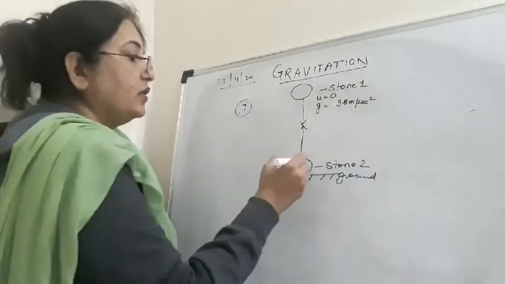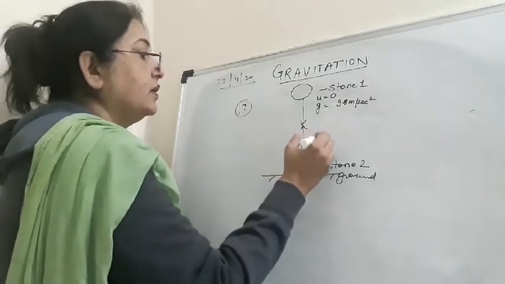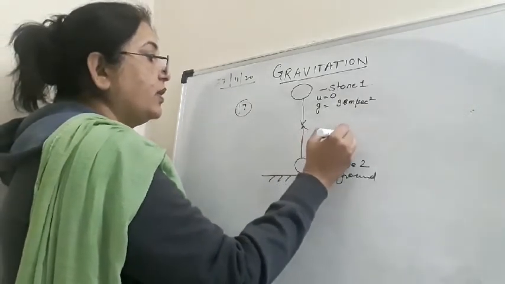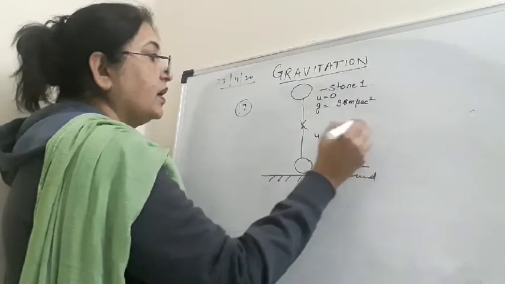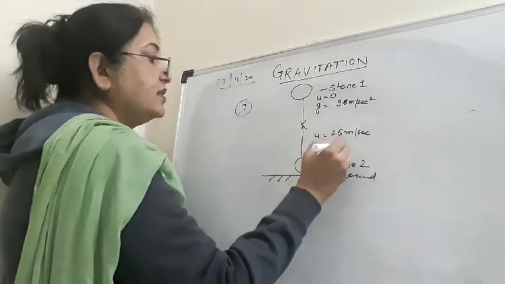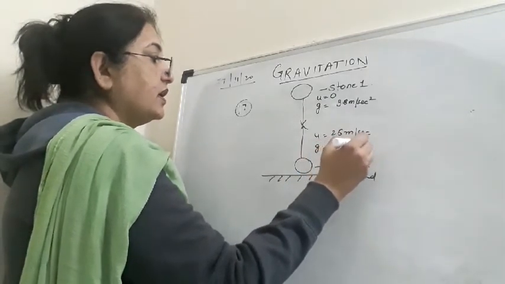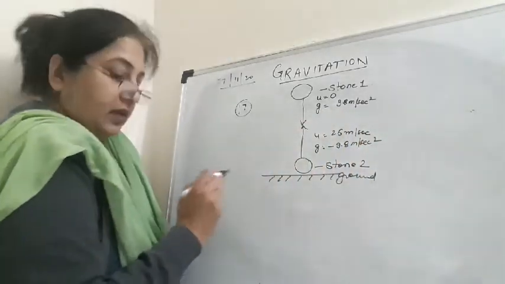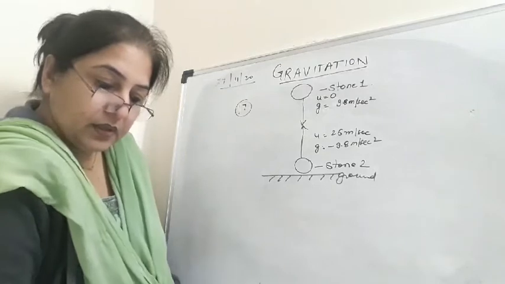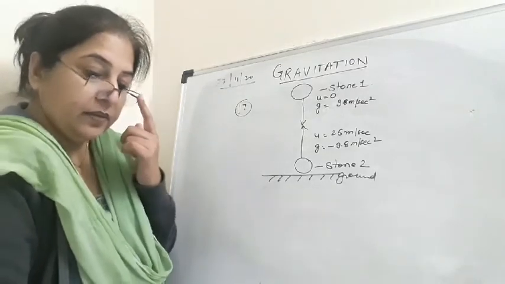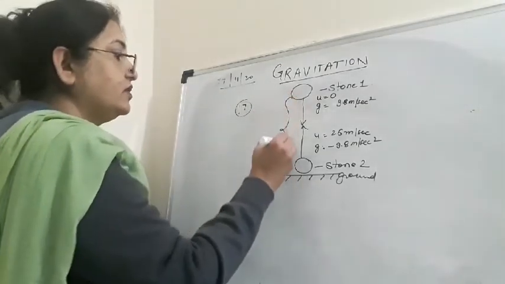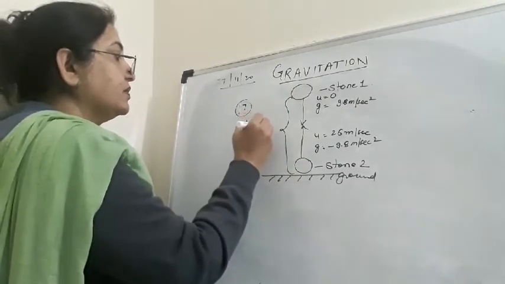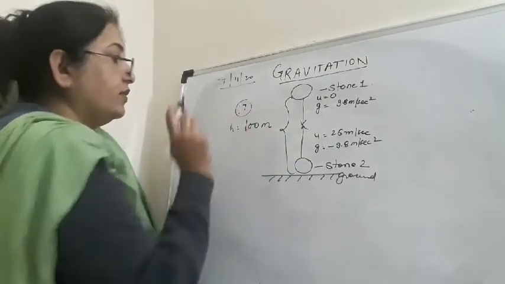For the stone which is going up, u is given as 25 meters per second, and g will be minus 9.8 meters per second square. The height from which the stone is falling is 100 meters, so h is 100.